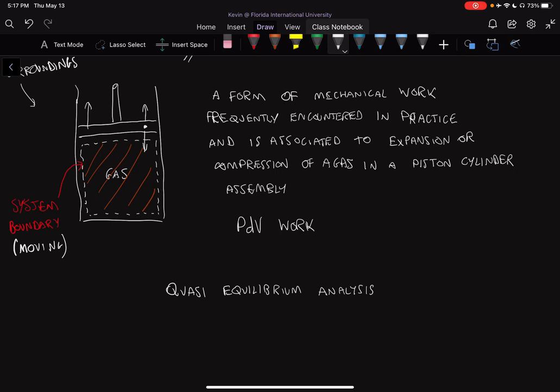Once the systems move very, very fast, it might be a little bit harder to capture actual values that would happen in real life. So we're going to say that the system remains nearly in equilibrium at all times. So we're going to be focusing on these types of systems. We're not going to be looking at highly transient systems that move very fast.